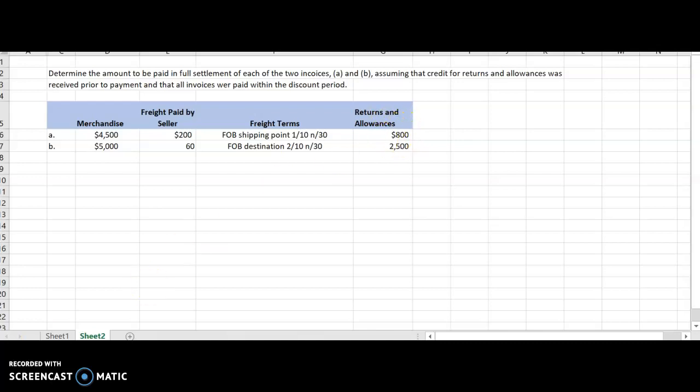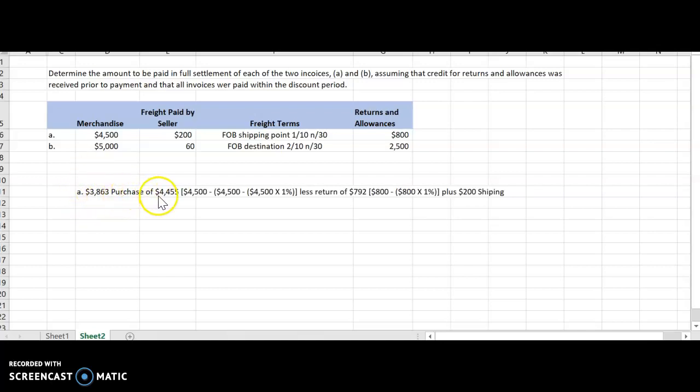Multiply this by 0.99 and then add back the $200. The important thing to see here is that we do not take the 1% discount on the $200. We don't take discounts on shipping. So the total amount would be $38.63.